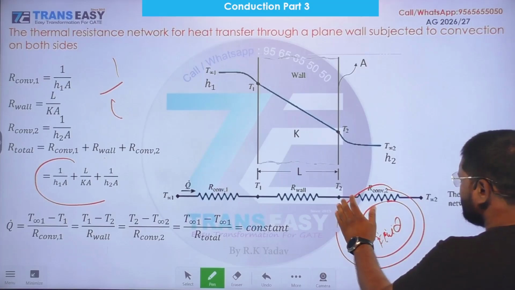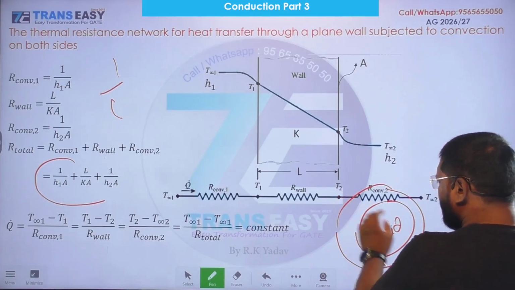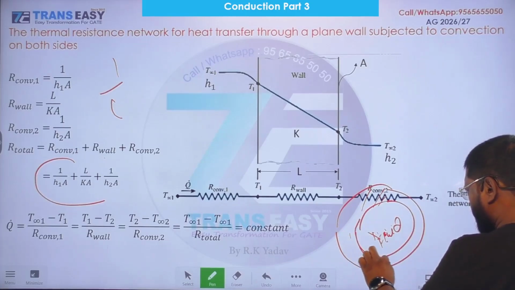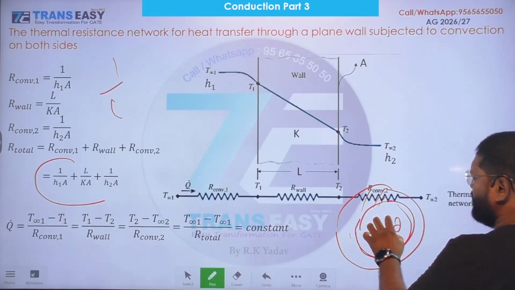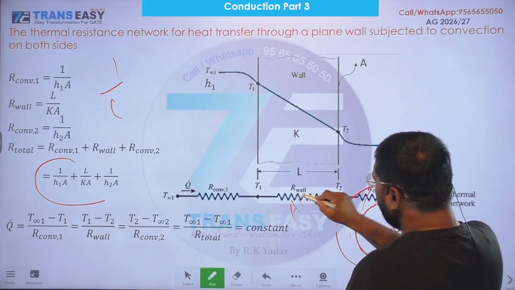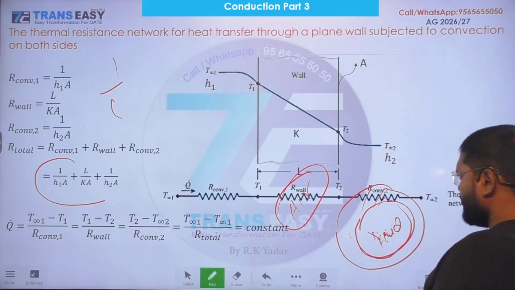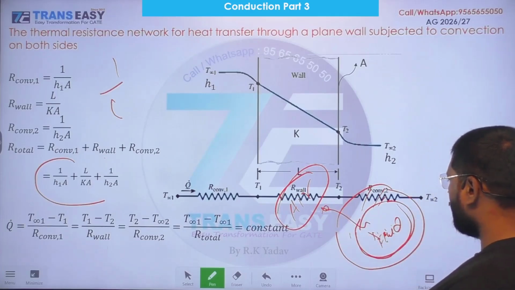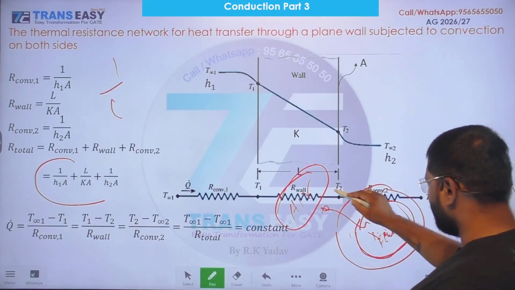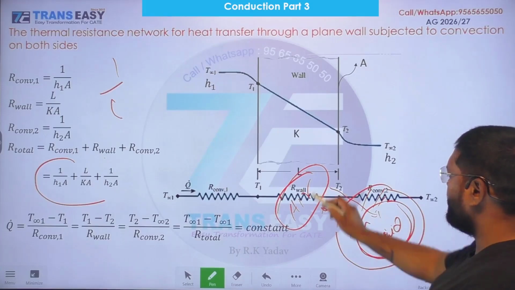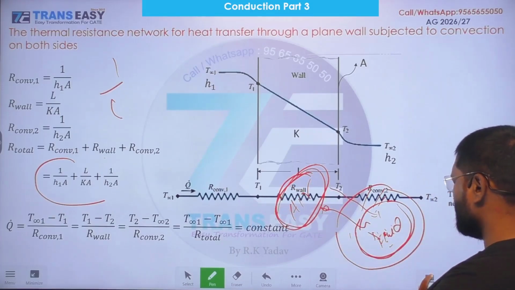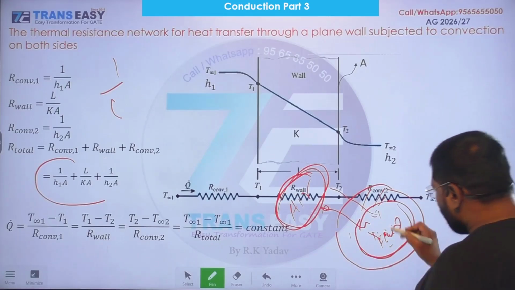This is a cylindrical surface, right? So here we have hot fluid and here we have a cold surrounding. So this is the direction of heat transfer, or this may be the direction of heat transfer in case of higher temperature of air than fluid inside this pipe.